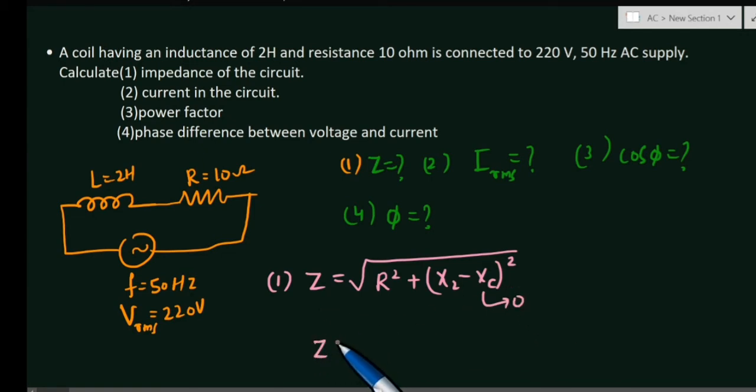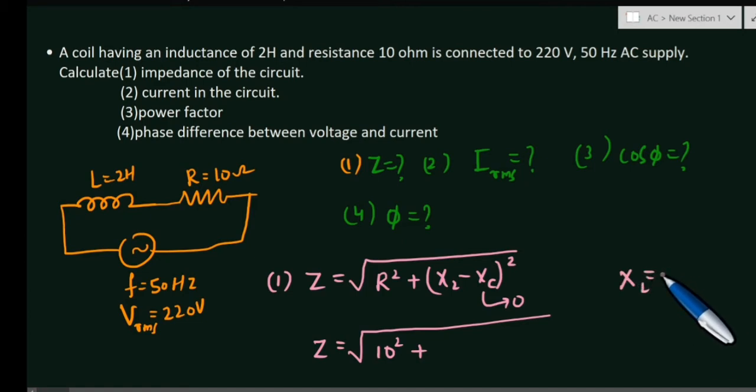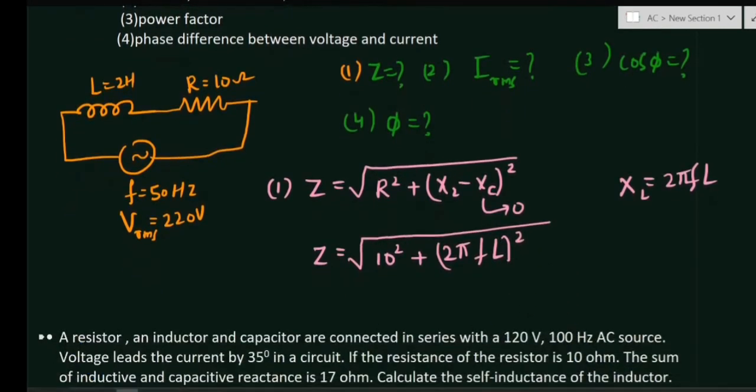Therefore Z is equal to square root of R value, that is 10 square, plus XL value. We don't have the XL value directly, but we know the formula of XL, that is 2 pi F into L. So we'll substitute that, 2 pi F into L, squared. So the value comes out to be, first we will substitute those values.